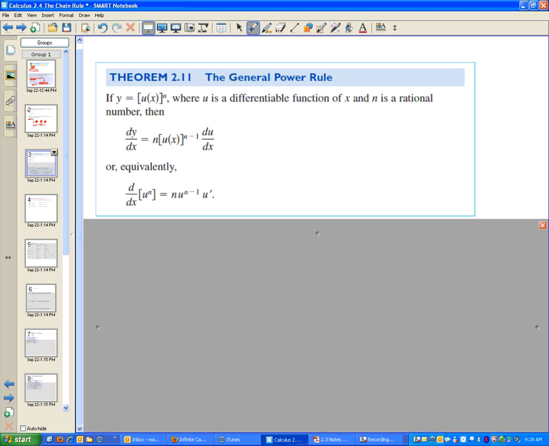If y equals u of x raised to the n, where u is a differentiable function of x and n is a rational number, then dy dx, the derivative of y with respect to x, equals n, so that's the original exponent, times u of x, our quantity, subtract 1 from the exponent, times the derivative of u.